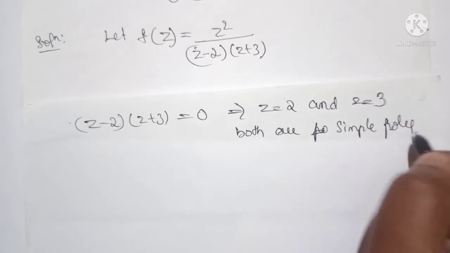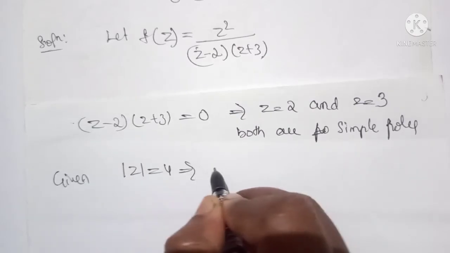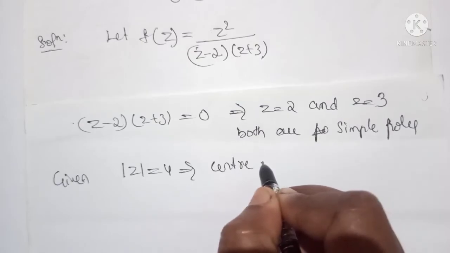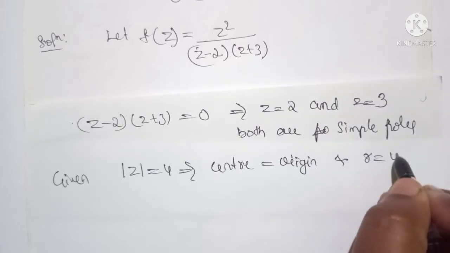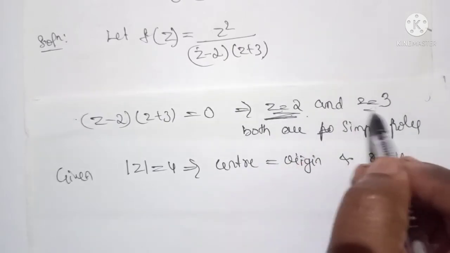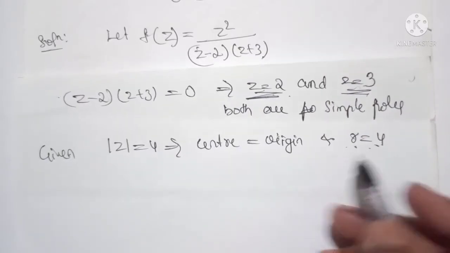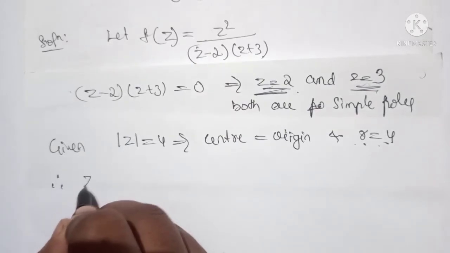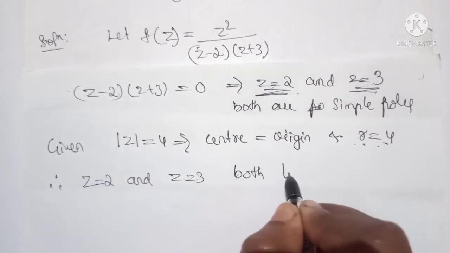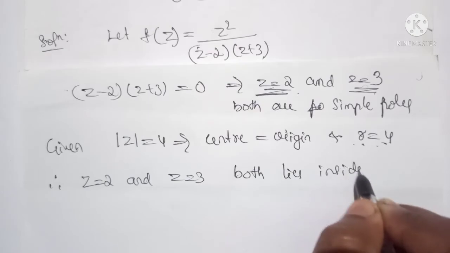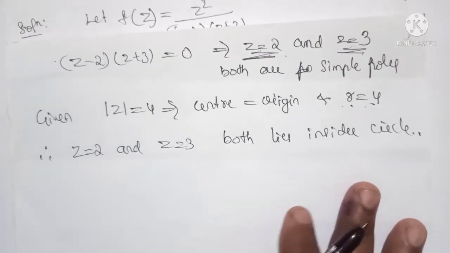But the given circle mod z equals 4 is a circle centered at the origin with radius equal to 4, therefore z equals 2 and z equals minus 3 both lie inside the circle. Okay, so when they lie inside the circle, then we can apply Cauchy's residue theorem here.